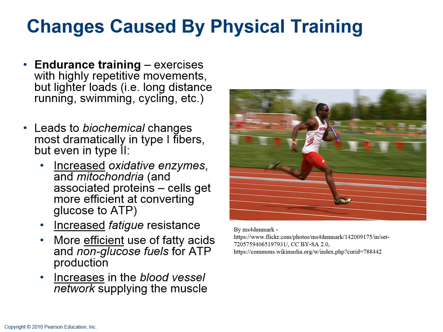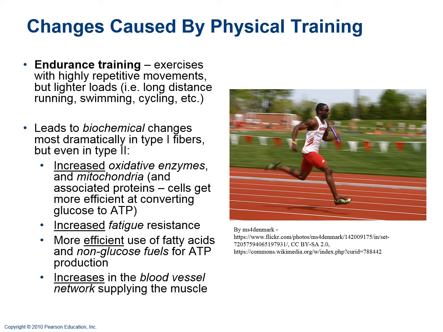Endurance training includes exercises that have highly repetitive movements but lighter loads, like long distance running, swimming, cycling, aerobics, things like that. This type of exercise leads to chemical changes inside of your cells, most dramatically in your type 1 fibers, but you'll see these changes also in the type 2. The changes include an increase in the amount of oxidative enzymes and mitochondria.